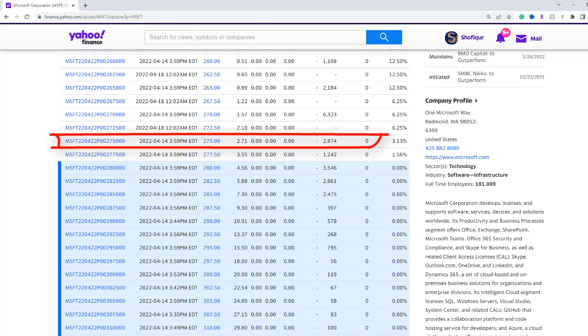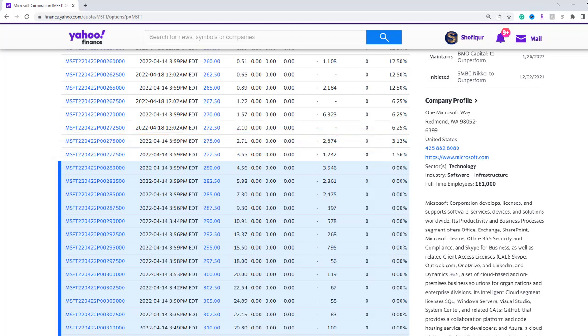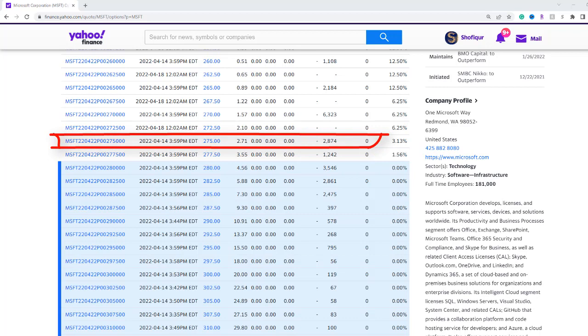The holder will have incentive to exercise this option only when the stock price at expiration day is below $275, generating a positive cash flow. The option contract with $275 strike is out of the money option because the market price of Microsoft is now $280, which is above the strike price.